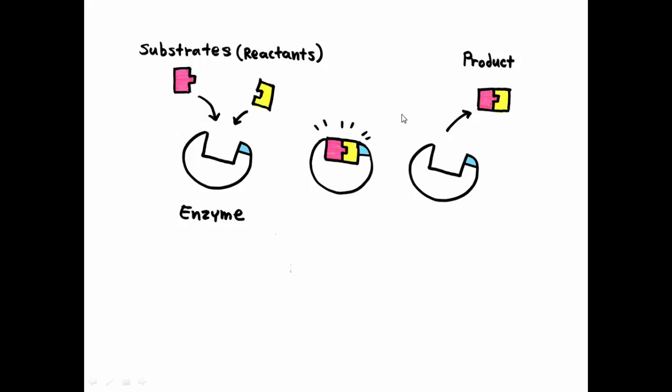Now, if the cell decides at any time it wants to turn this reaction off, instead of destroying the enzyme or changing the reaction environment, you can specifically just alter the function of this very particular enzyme by itself by simply removing the cofactor. So this is like the on and off switch of the enzyme.